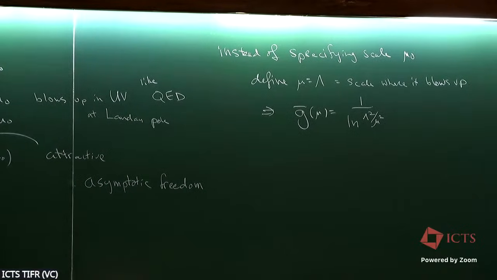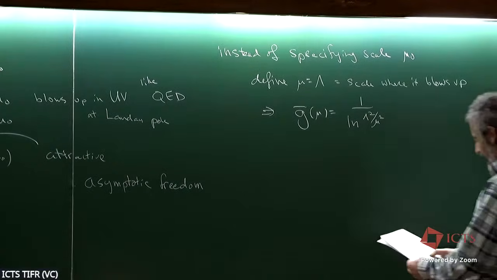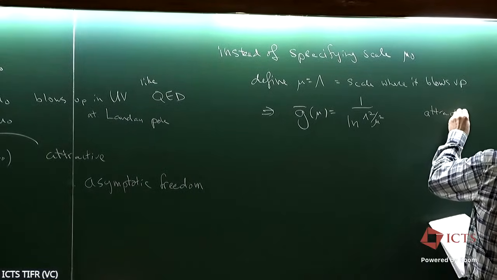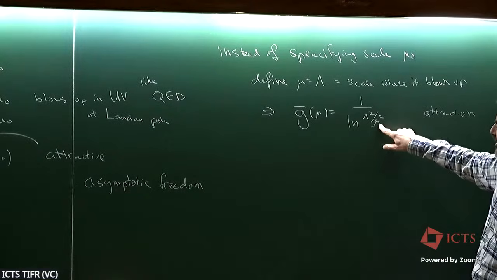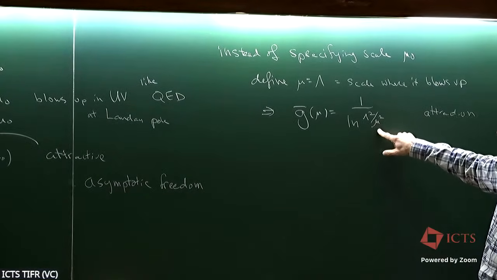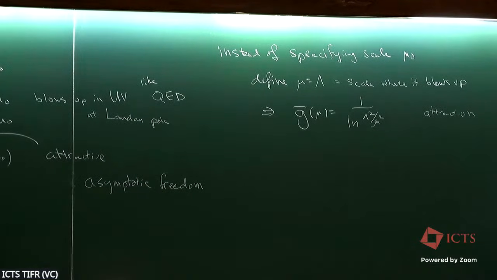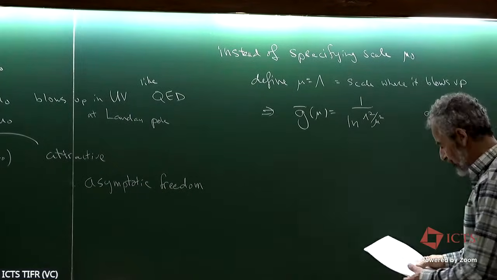Sorry, that's for attraction. As mu gets bigger than lambda, then this is a negative number, and then the g naught is negative. The g bar is negative.